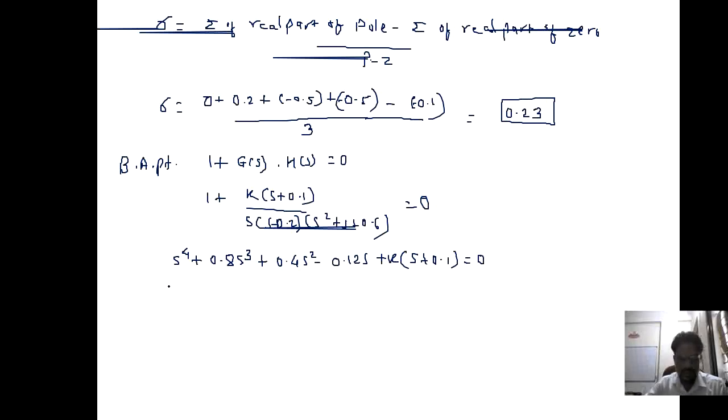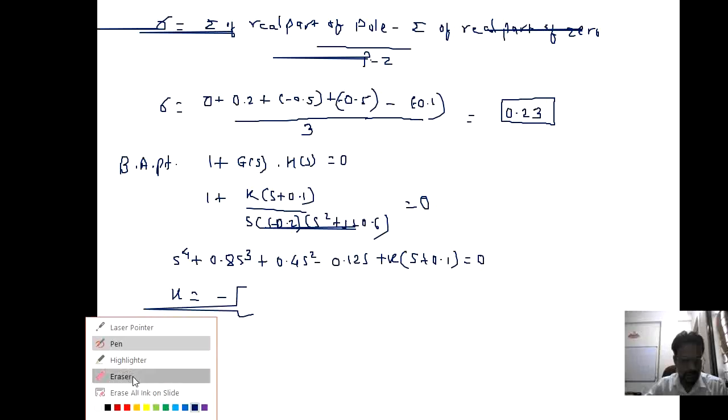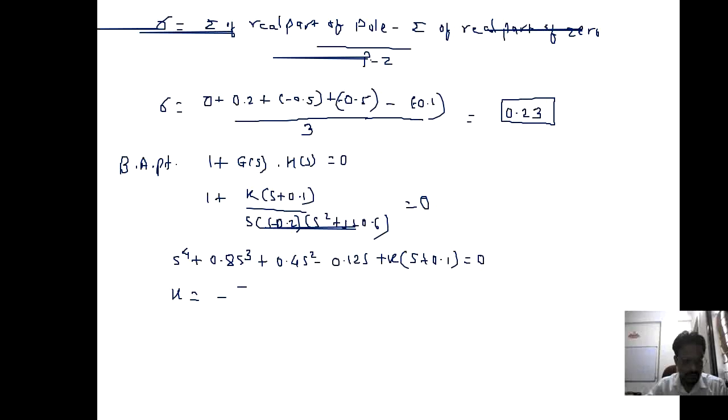Now the next step is to write this same equation for the value of K. So K equals minus of (s raised to 4 plus 0.8 s cube plus 0.4 s square minus 0.12 s) divided by (s plus 0.1).